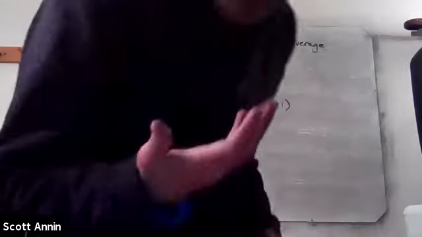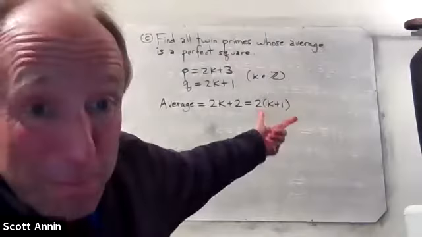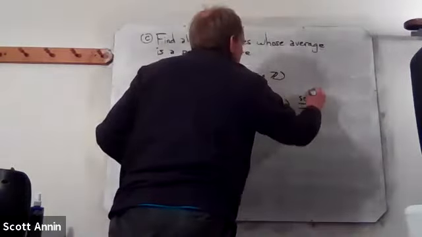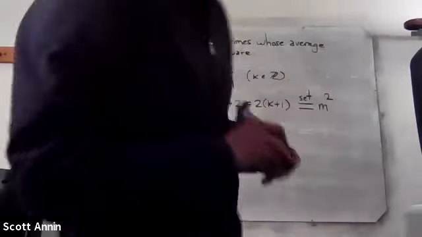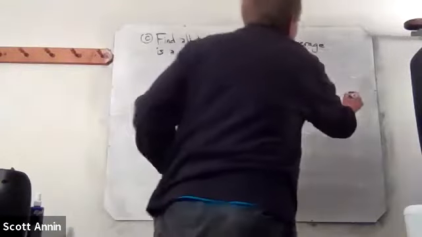And what we're trying to figure out right now is under what circumstance would this be a perfect square? So I'm going to just do a little chicken scratch here. I'm going to set this equal to something like m squared, where m is an integer.